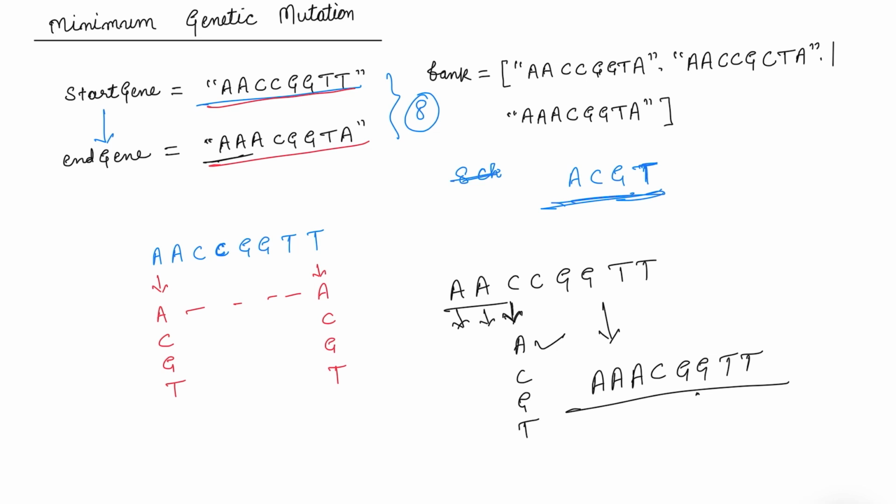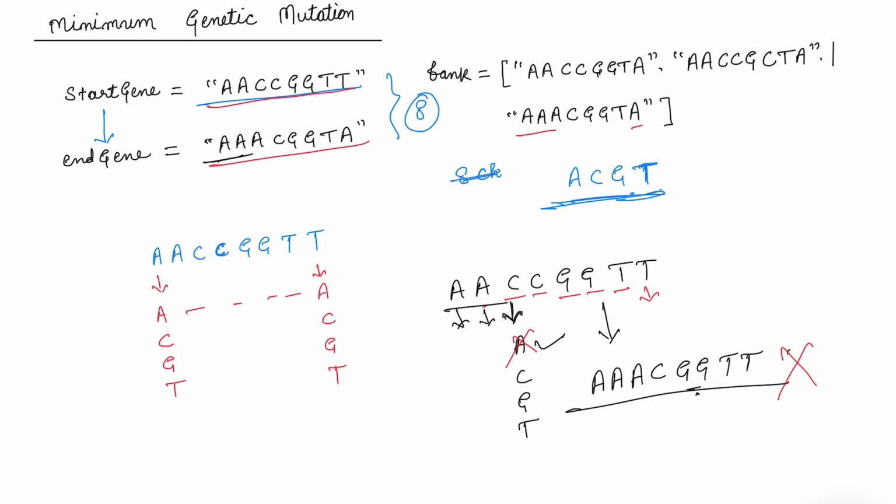As you can see, inside the bank no string starts like AAA; this one has AAA, but here it is starting with AA. So this is not a valid mutated string, so this is not correct. So just leave it here. Let it be C, C, and G, G. No need to change T. Now see this T.